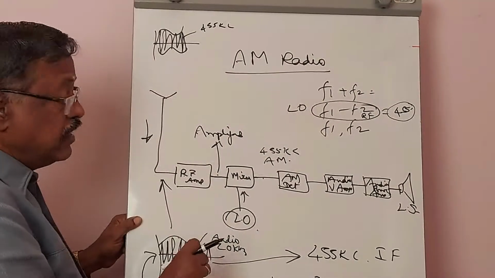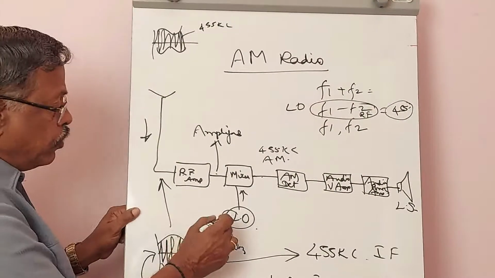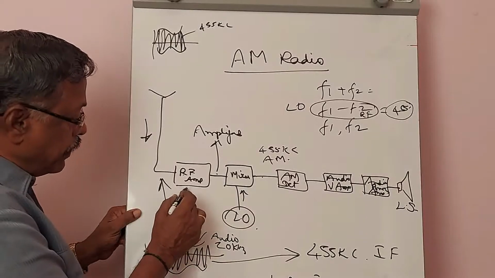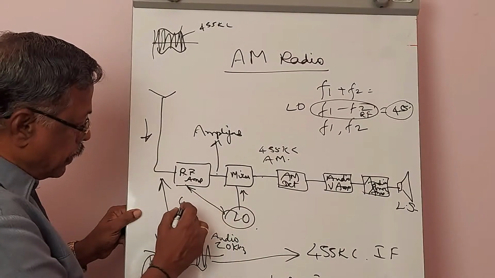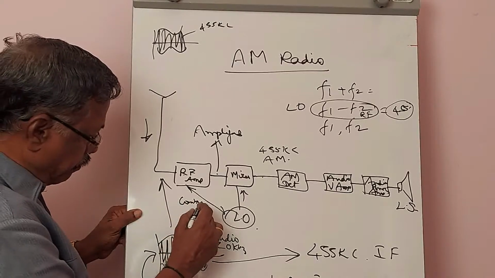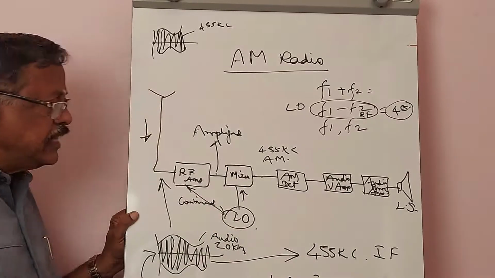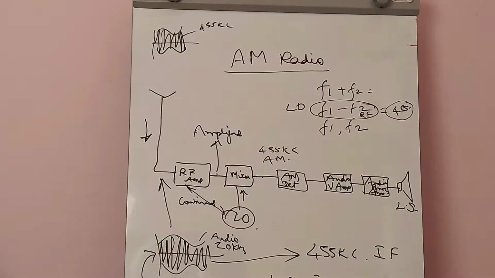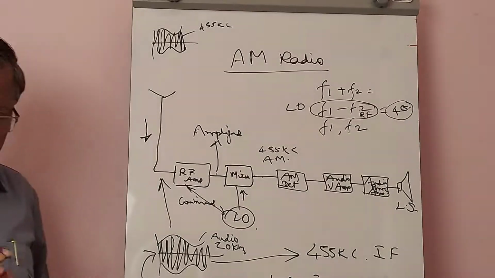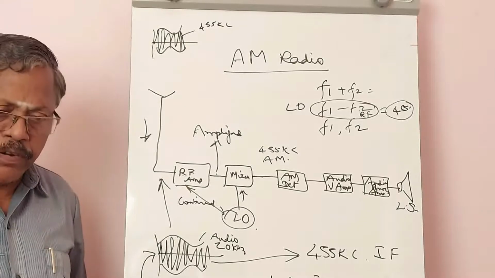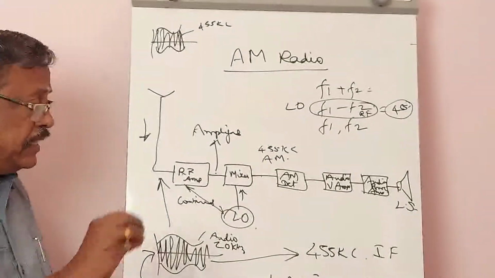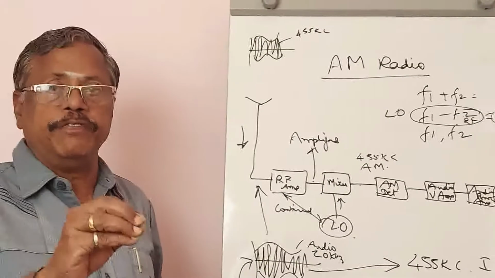For this, when LO is changing, the RF amplifier also should change. Combined. This LO and RF amplifier both are combined together. That is, when you adjust the RF amplifier's response for a particular frequency F1, you have to generate LO as F1 plus 455.